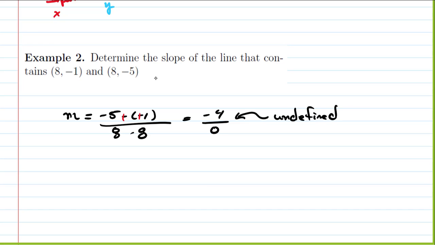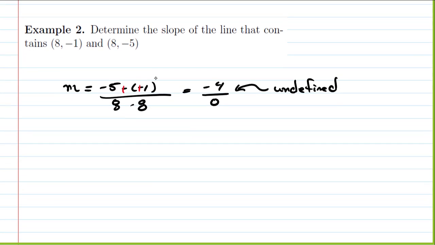So what actually happened here is, if you were to do a quick sketch of our graph, we'd be out here at the point 8, we'd have -1 and -5. This is actually the graph of a vertical line. So our slope is undefined. So vertical lines always have undefined slope.